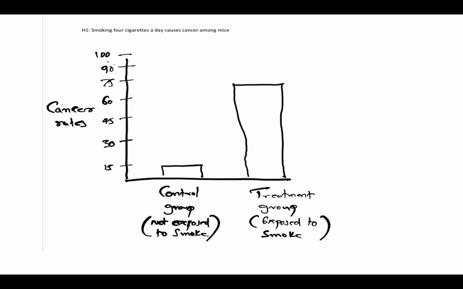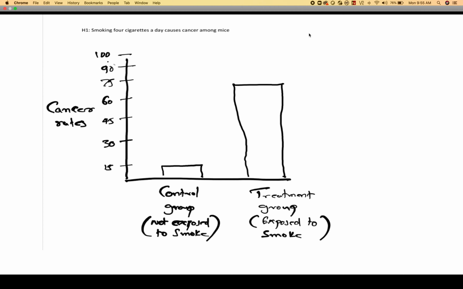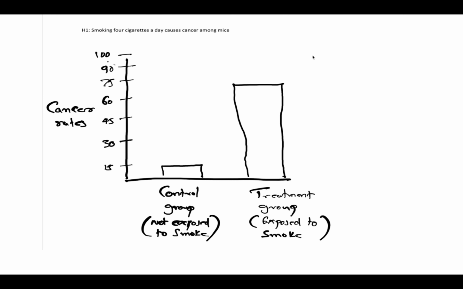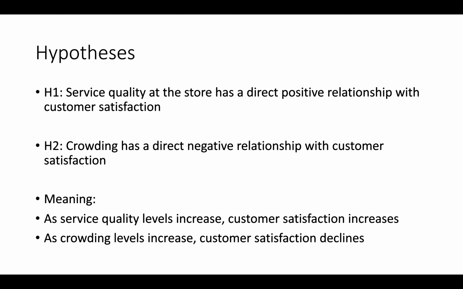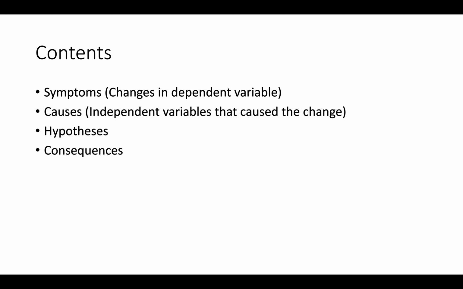So this is a sample of our problem definition statement for both descriptive research and an experimental research design. Initially you will need to come up only with symptoms, causes, and hypothesis. We won't know the consequences yet.